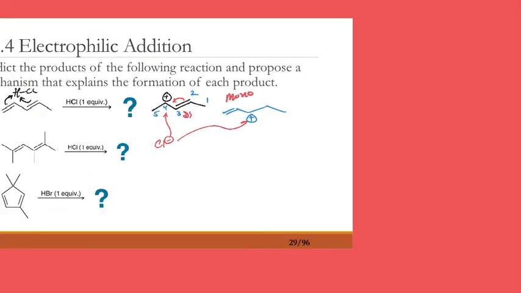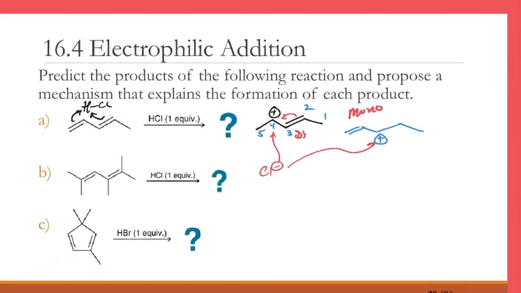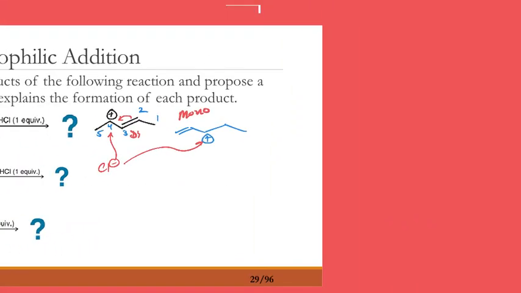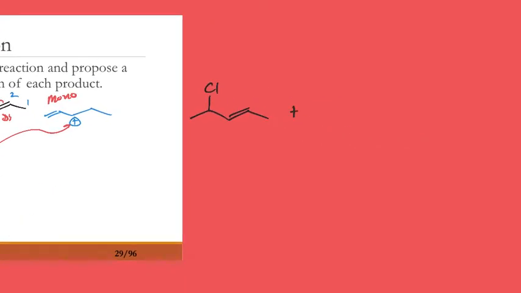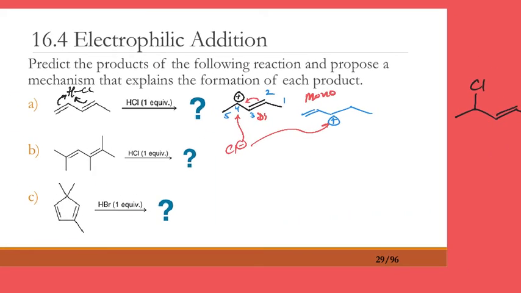So the products, you can see I was messing with things, trying to get this thing to go. The two products we would see would be that and this for the first reaction.